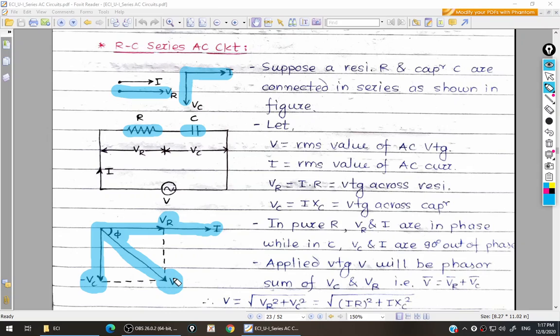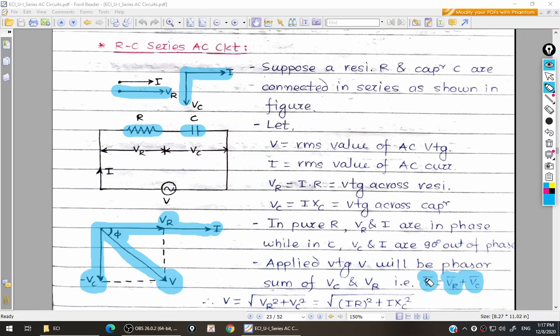So what is basically vector addition? If you take vector addition, your final voltage V is the combination of VR and VC, but you have to put a bar on their heads. This bar indicates that this is not a simple algebraic addition, this is a phasor addition or phasor sum, or sometimes it is also called vector sum.